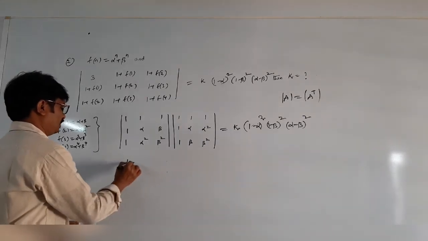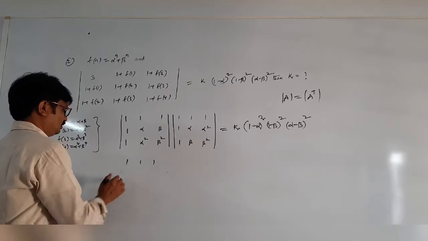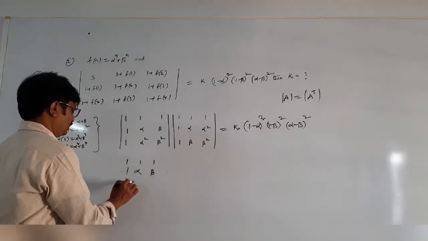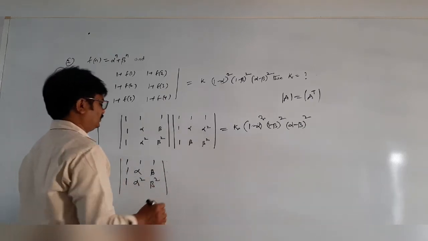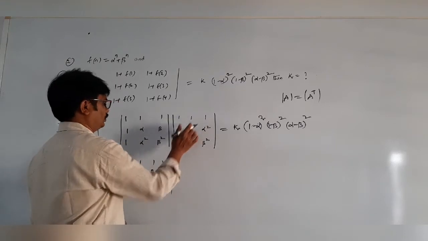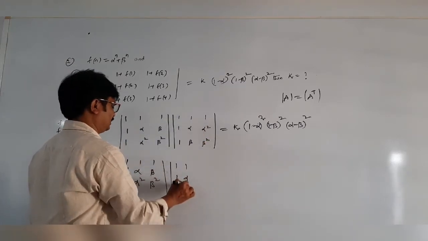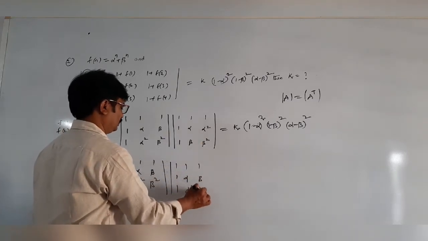So students, this is 1 1 1. After that, how to write this one? 1 alpha beta. So 1 alpha square beta square. Now transpose of this one, the first row is the first column, the second row is the second column, the third row is the third column.